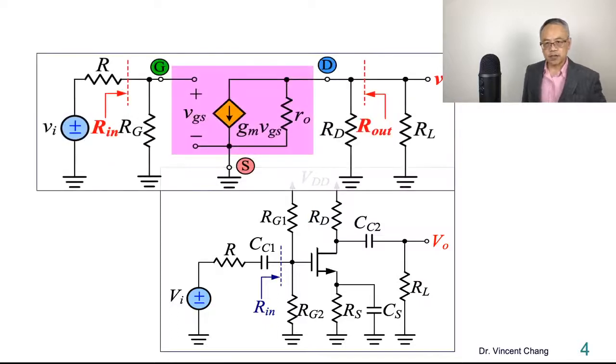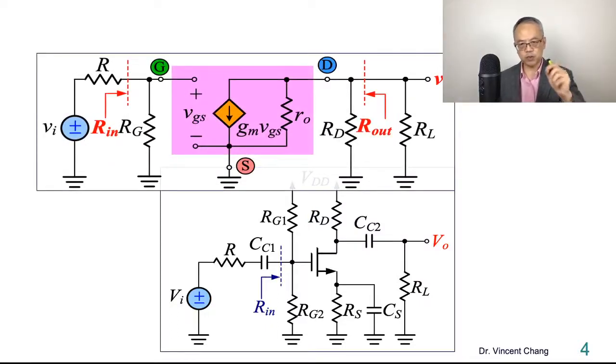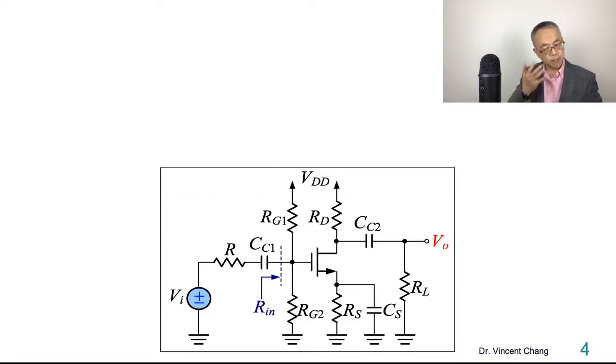Now let's look at the MOSFET common source amplifier. The lesson you learned before is the small signal analysis at the median frequency band.